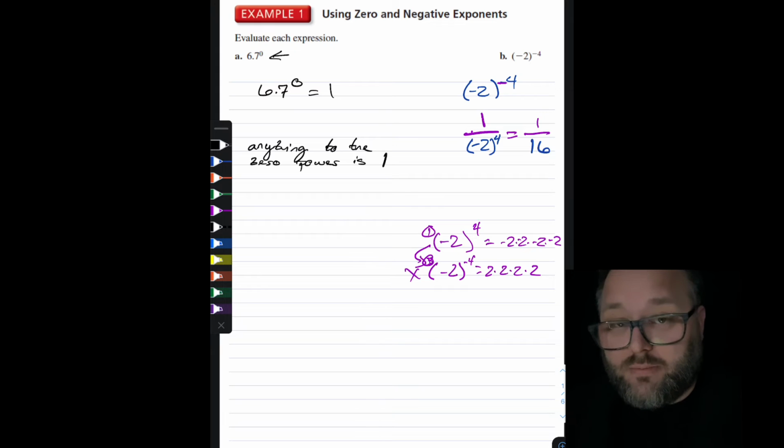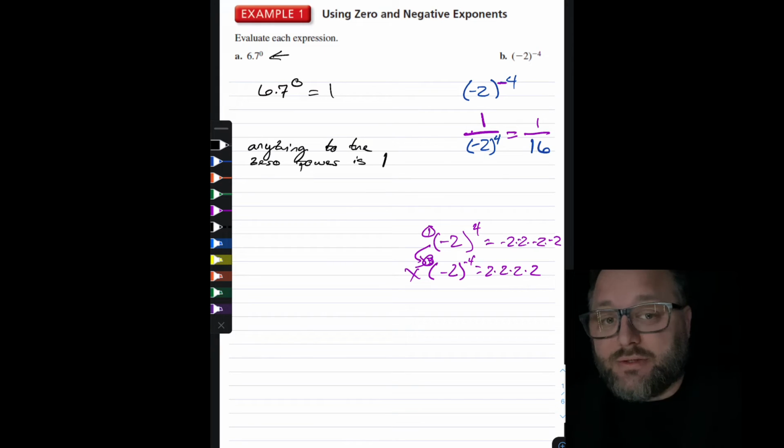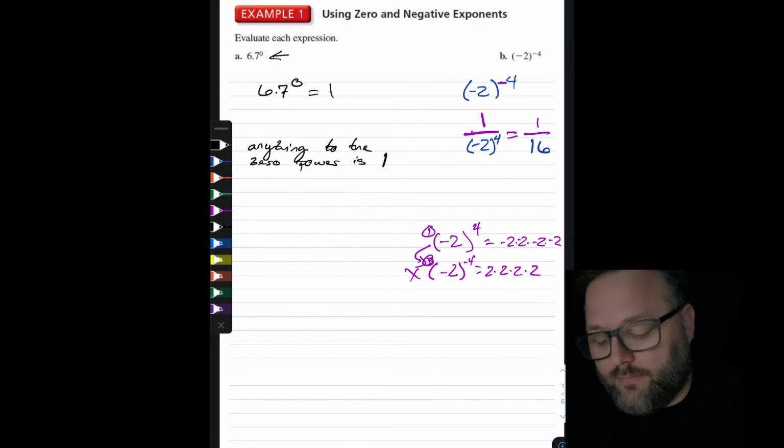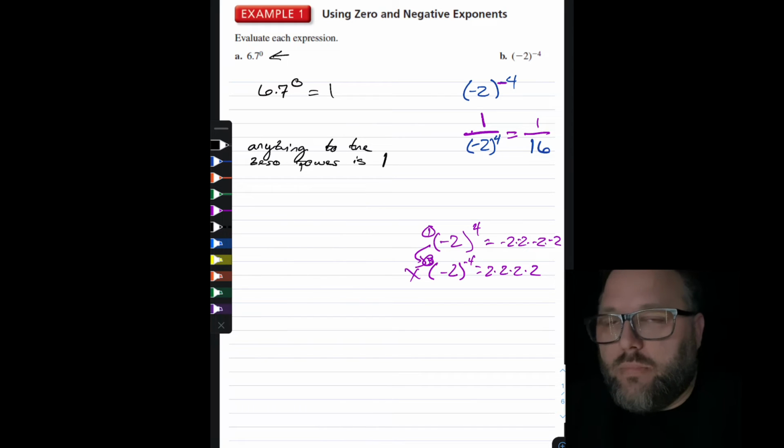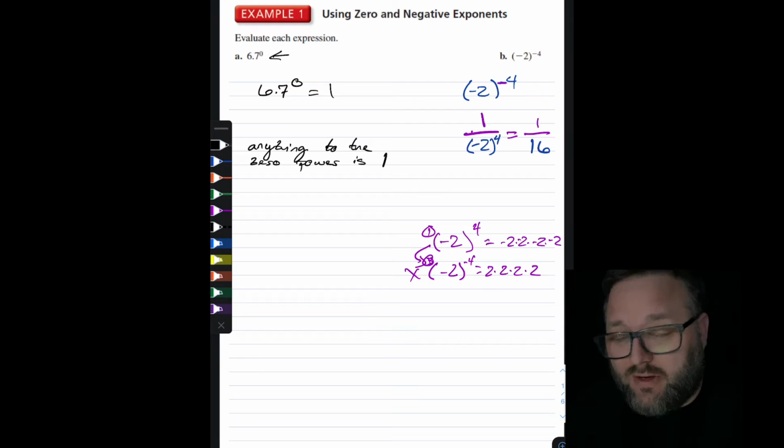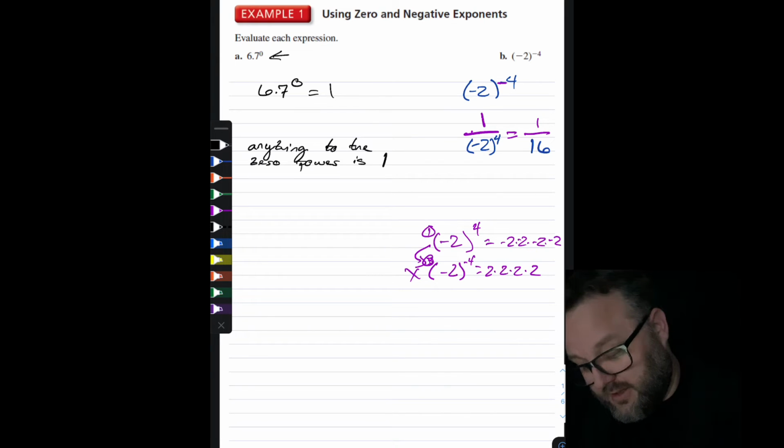Not that the exponent becomes 1, the answer is 1. Now, I'm not alluding that there's an exception to this rule of anything to the 0. There's just exceptions for zeros, I guess, is kind of where I'm going with that. Again, that's a future discussion.